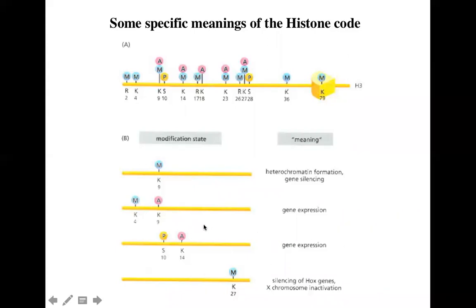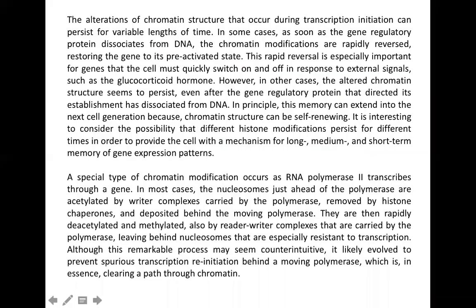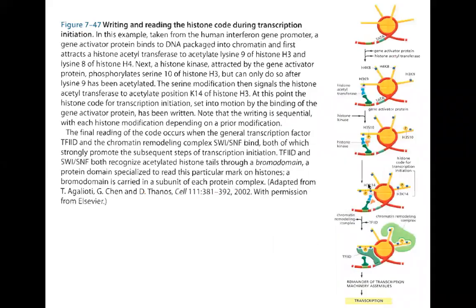So let's see what's happening in our case now. It's exactly the same. We have S10 phosphorylated and K14 acylated on the H3 tail. So that sets up our histone initiation code. When this is set up, transcription factor 2D, which is a general transcription factor, and a chromatin remodeling complex, what we call SWI/SNF, come in.